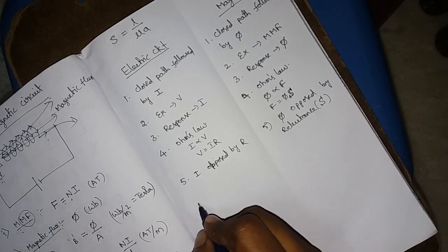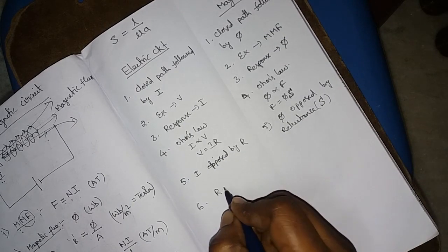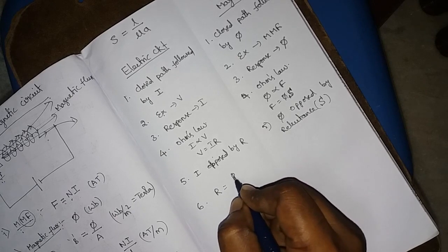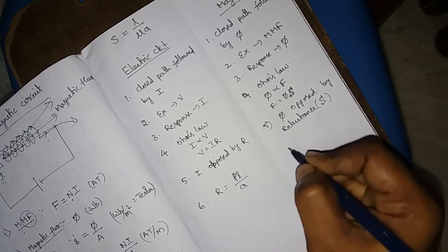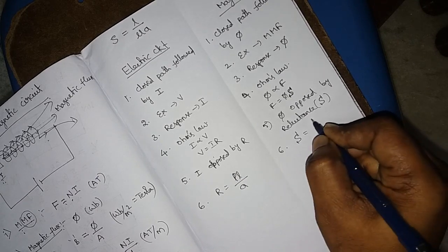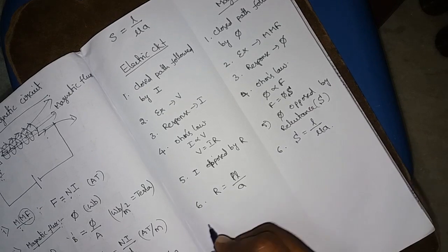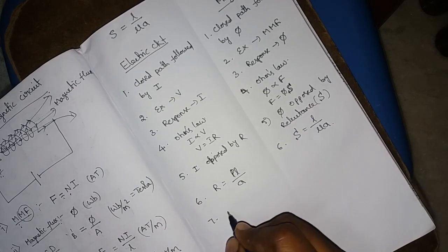Next, what is the equation for resistance? R is equal to rho L by A. And what is the equation for reluctance? S is equal to L by mu A. Here rho is called resistivity.